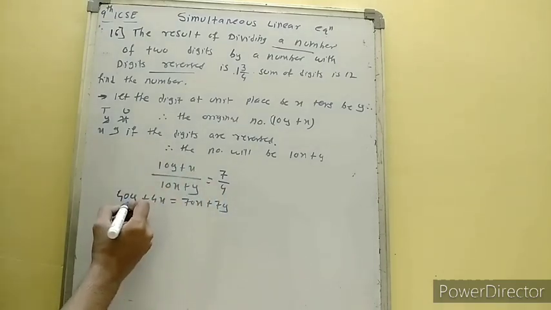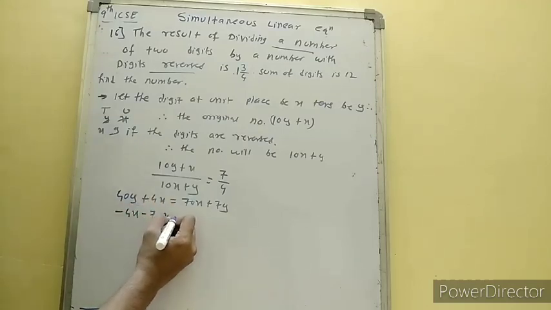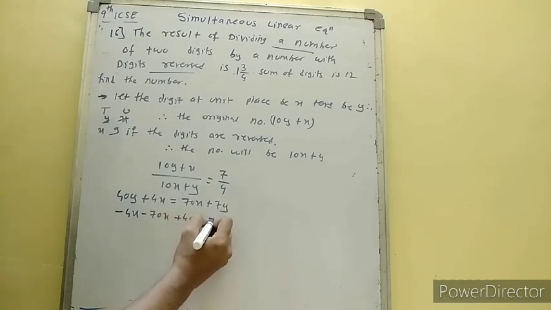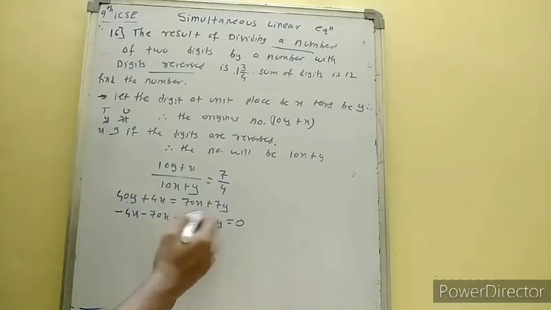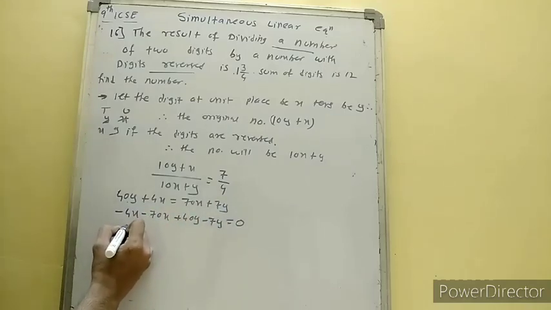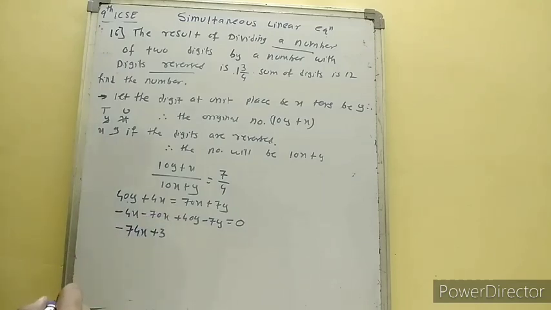So minus 4x minus 70x plus 40y minus 7y is equal to 0. So 4x minus 70x, 40y minus 7y. So we have minus 74x plus 33y is equal to 0. I cannot get anything.